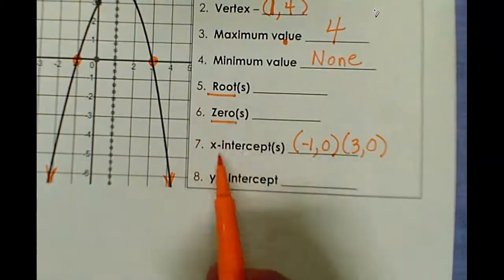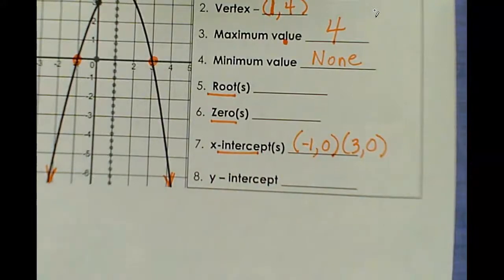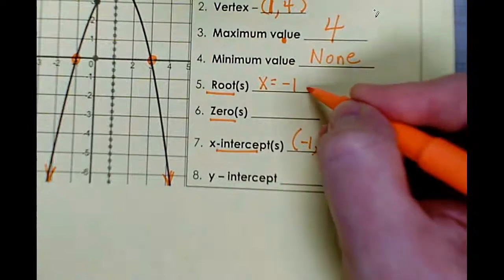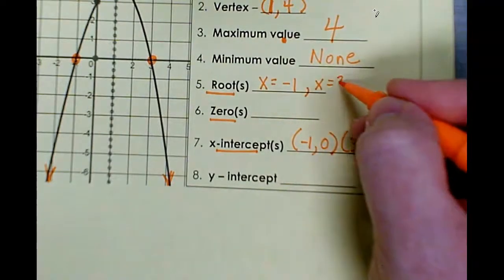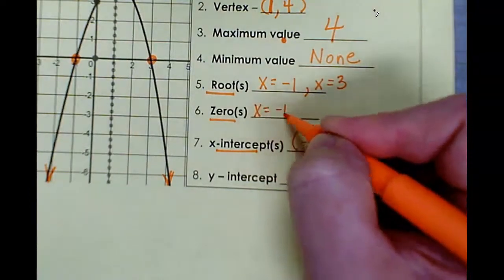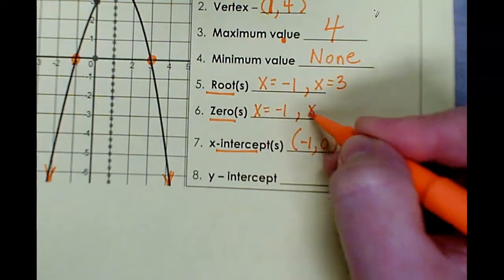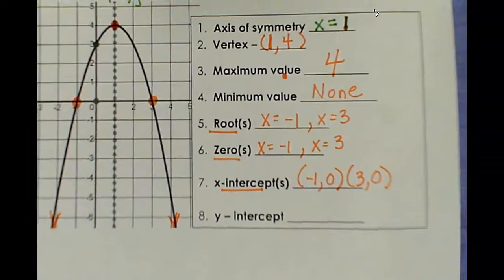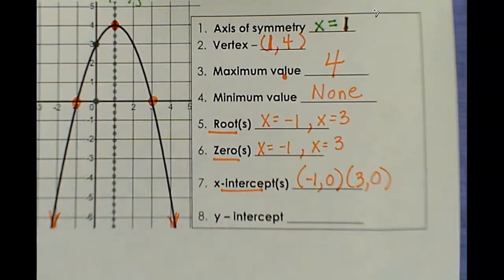But this, and this are the same thing. Except when we write it down as roots or solutions, we write it down like this. And when we write it down as zeros, we have those same numbers, but we don't write it. And we have one more blank here.